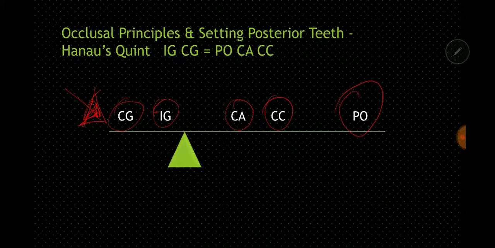So to keep a balanced occlusion, if you increase the clasp angle, it means all the other remaining four components have to be in balance. So if you increase the clasp angle, then you can either decrease the plane of occlusion in order to keep it balanced, or you can decrease the compensating curve.